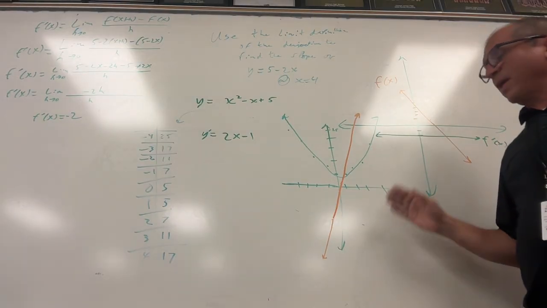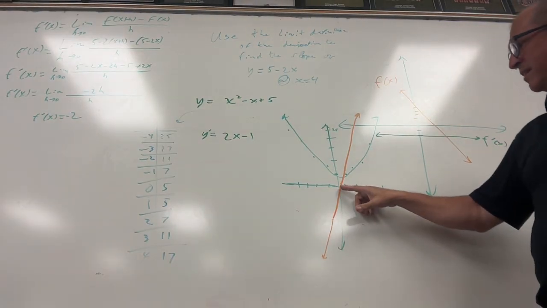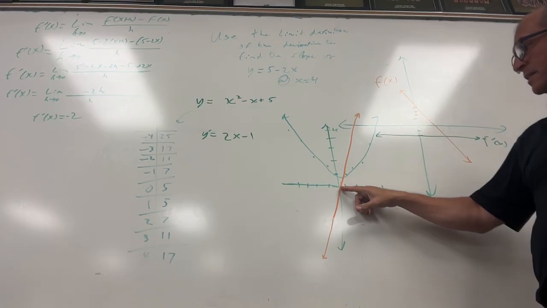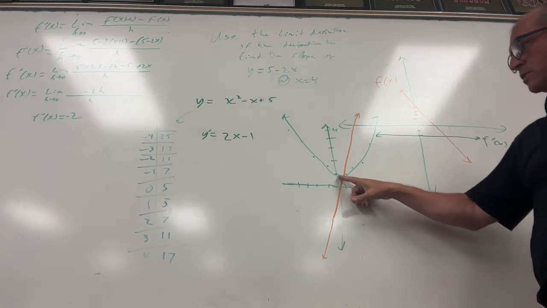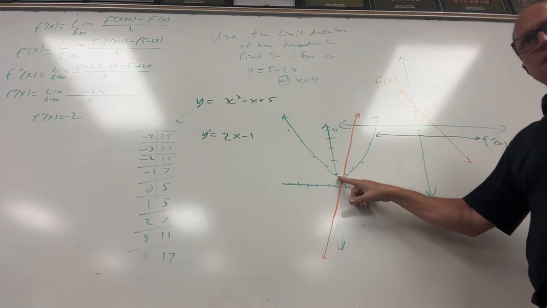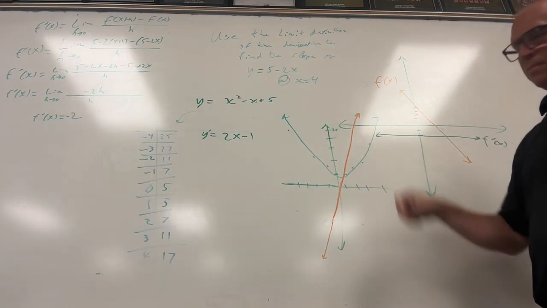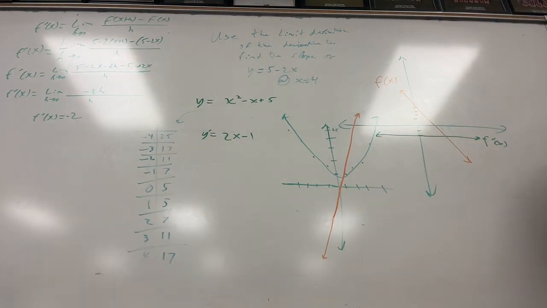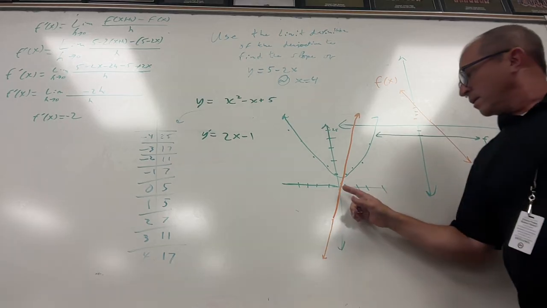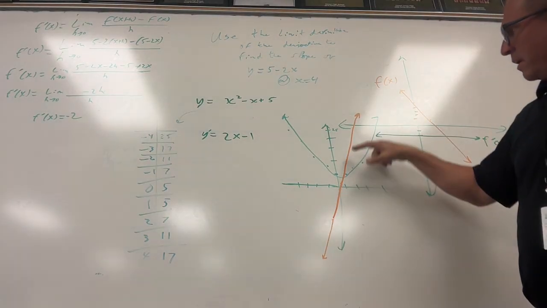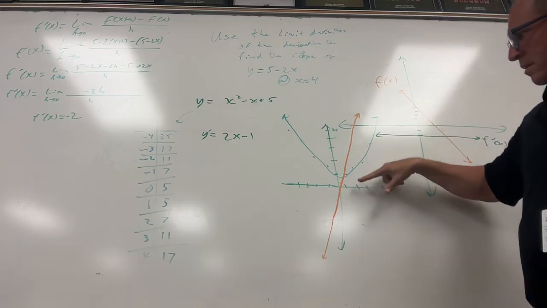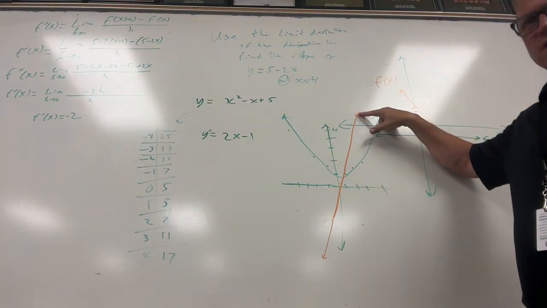But no, the point of significance is the x-intercept here, which should correspond with where the slope is 0 on the parabola. Does that make sense? Everything from here and above on the orange graph is positive, right? Yes.